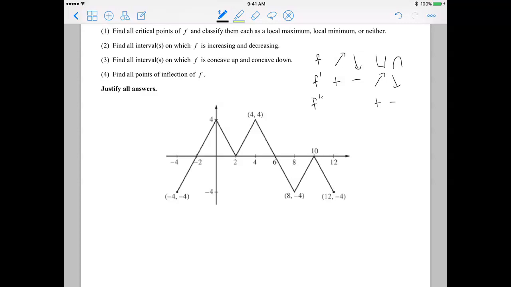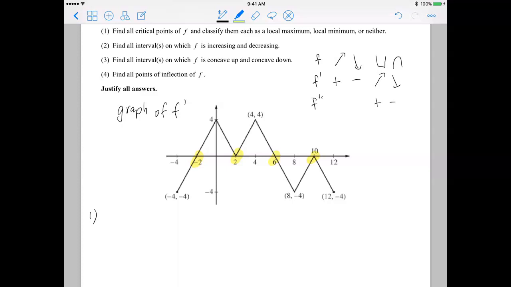Okay, well I know from the definition on page 2 that critical points come whenever the derivative f prime is equal to 0. And remember, back up there it says that we're given the graph of f prime, and so that's what we're looking at when we look at this graph. So if we look at all the places where f prime is equal to 0, that's going to be here, here, here, and there.